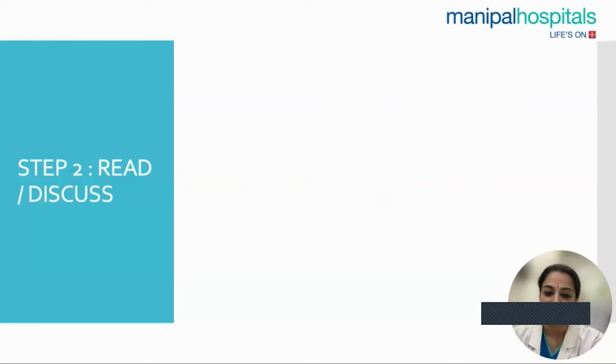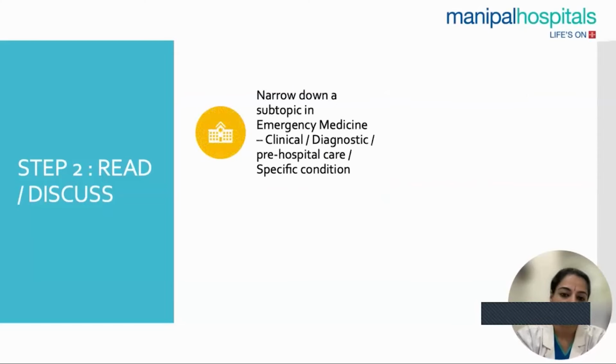Next step would be to read and discuss. So you have to narrow down the topic. Now in emergency medicine, you can choose whether you would like it to be a clinical topic, something to do with approaches, something to do with the management part of it. Would you like to do something regarding diagnostics in emergency medicine, pre-hospital care?